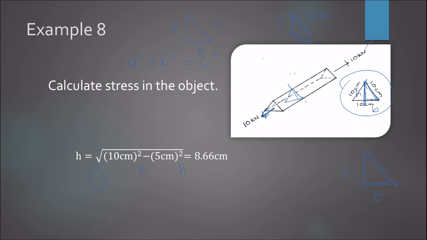Right now, what I want is A. So therefore, A power of 2 equals C power of 2 minus B power of 2.